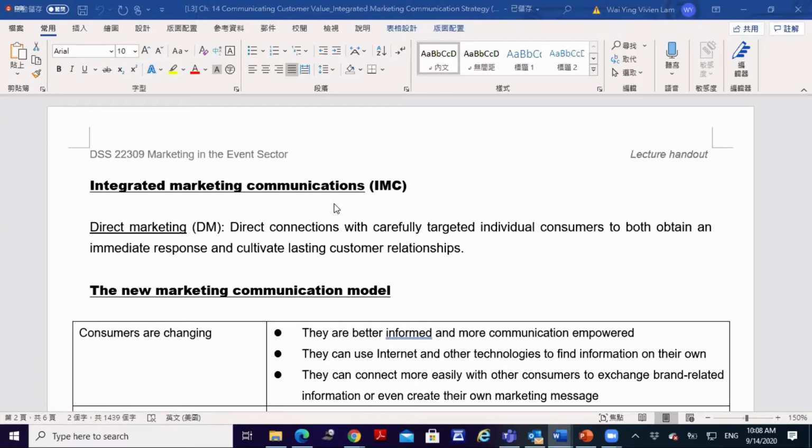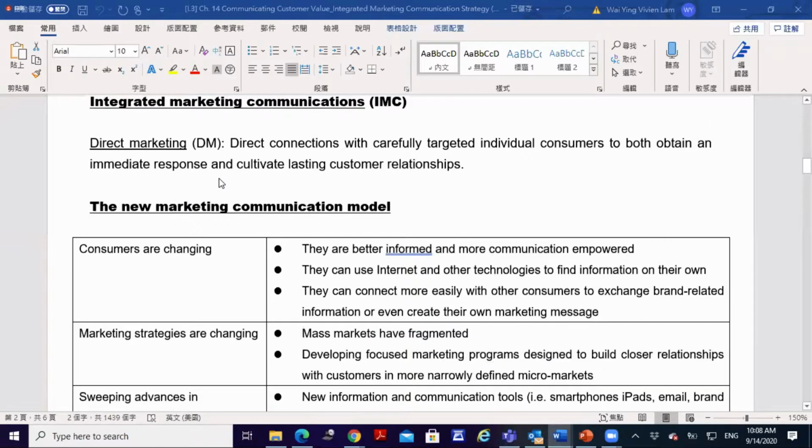Let me share my screen for everyone first. We are on page 2 now, okay? One term I want you to take away is direct marketing, okay? DM means you really connect with your customers, especially your target group, individually, okay? And you try to build a long-lasting relationship. Normally, it's related to personal selling, okay?